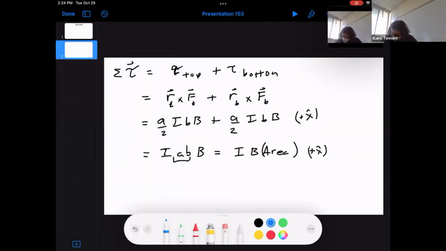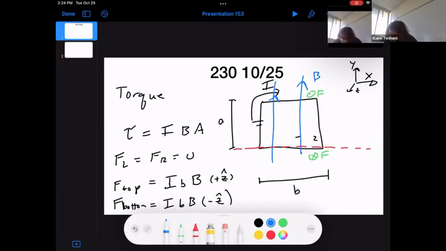I'm going to do this one in blue. So for the axis right there, what would the radius for the bottom part be? The distance between the axis of rotation and the bottom wire? 0, right? So there wouldn't be any torque on that bottom wire. Okay. What would the radius be on the top wire? A.